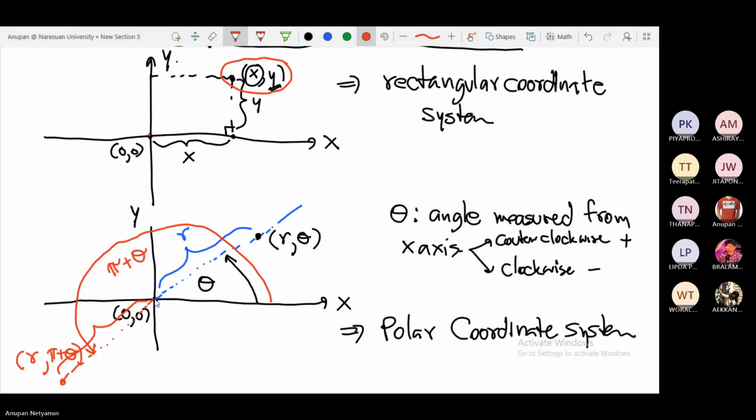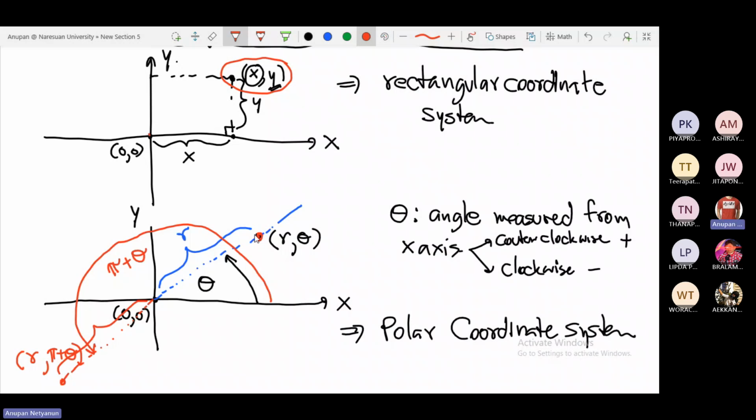Now, this is the direction of r unit, but if I flip it to the other side, meaning instead of walking r unit, I walk negative r unit because I walk the opposite side of this. Okay, so then I arrive at this point, same thing.